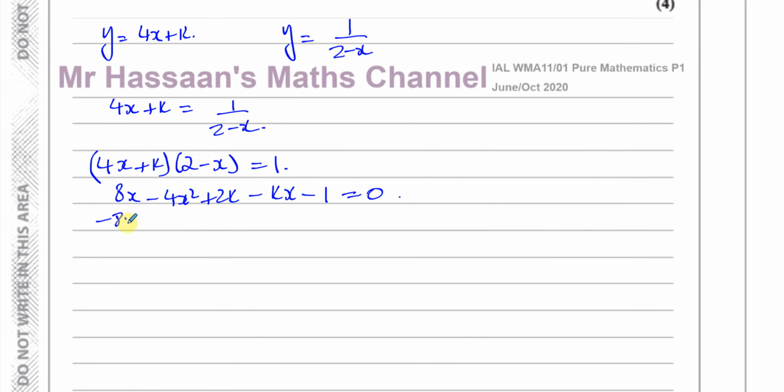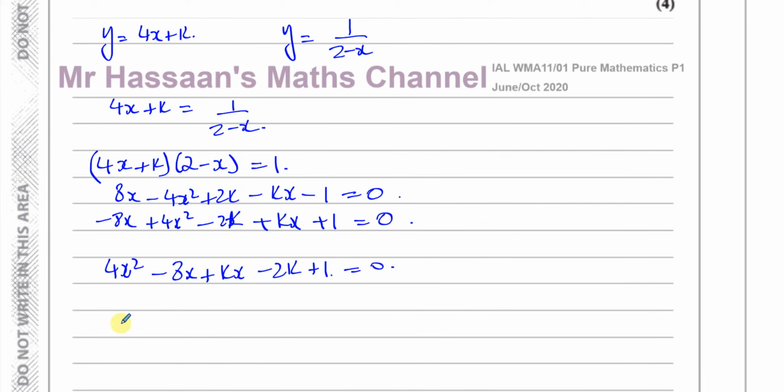So you're going to have minus 8x plus 4x squared minus 2k plus kx plus 1 equals 0. So I'm going to get 4x squared. I'm going to have the x terms, minus 8x plus kx, and minus 2k plus 1 as the other constants. Let me take out this x. I'll have plus x times k minus 8. That's kx minus 8x, that's correct. Minus 2k plus 1 equals 0.